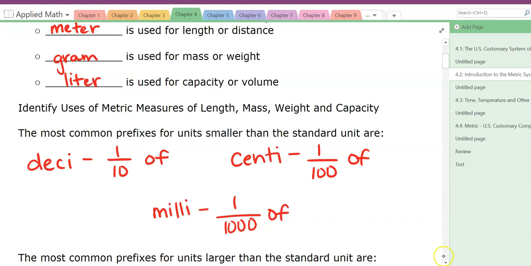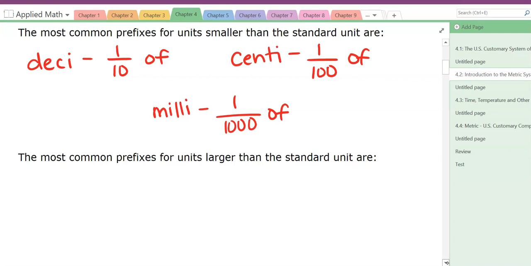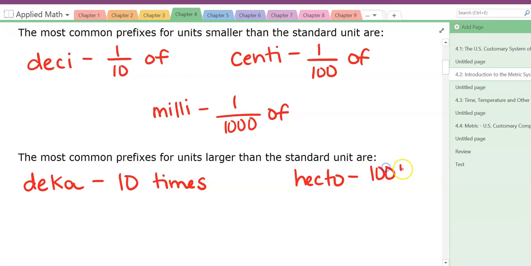Then we have common prefixes for the larger units. Those would be deca, D-E-K-A, which means 10 times. So 10 times a meter or 10 times a gram would be a decagram. Next one is hecto, like a hectogram. That's 100 times bigger.